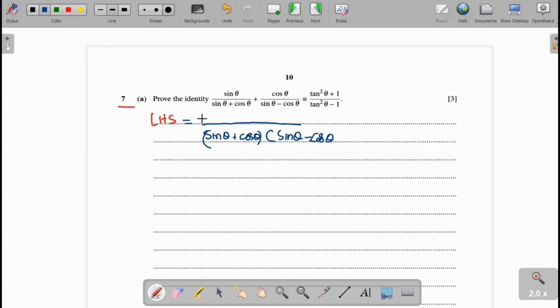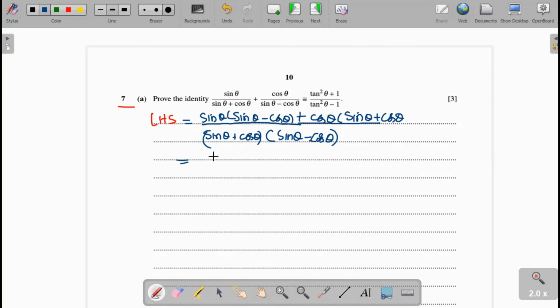That value becomes sin theta into (sin theta minus cos theta), minus cos theta into (sin theta plus cos theta).